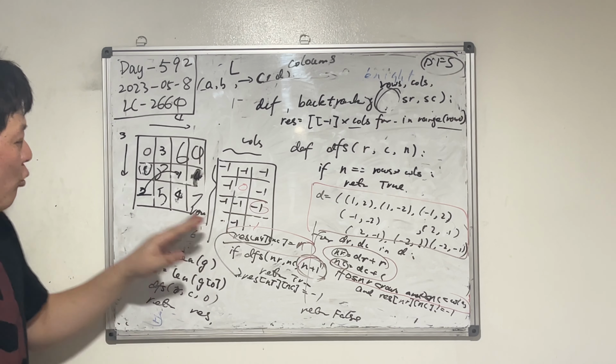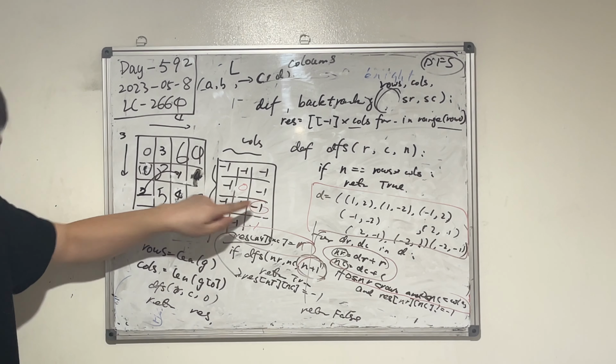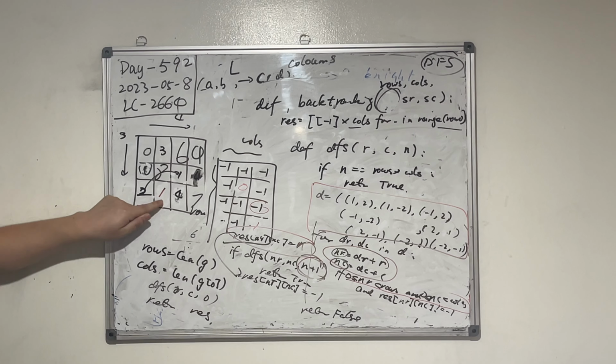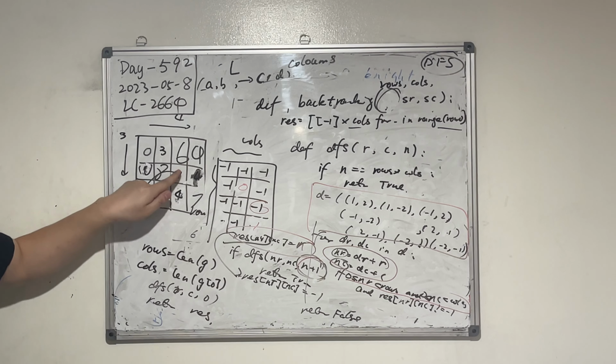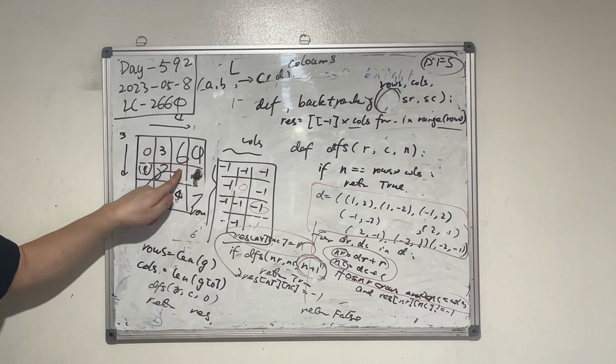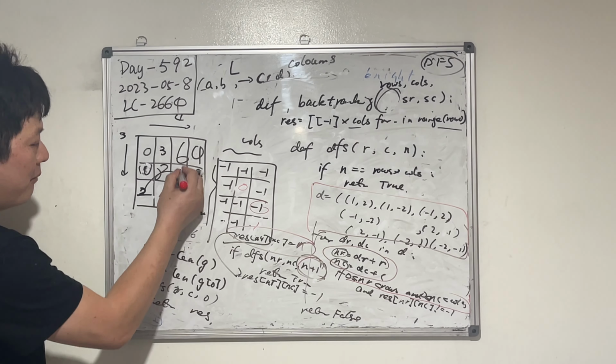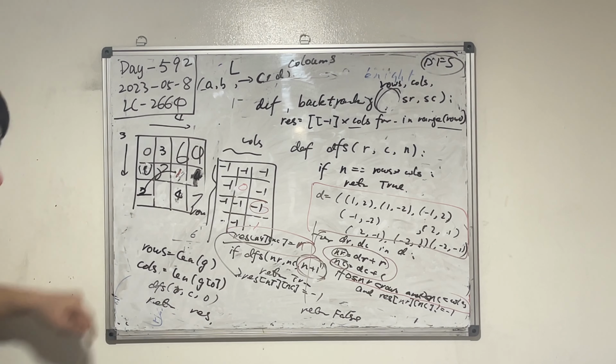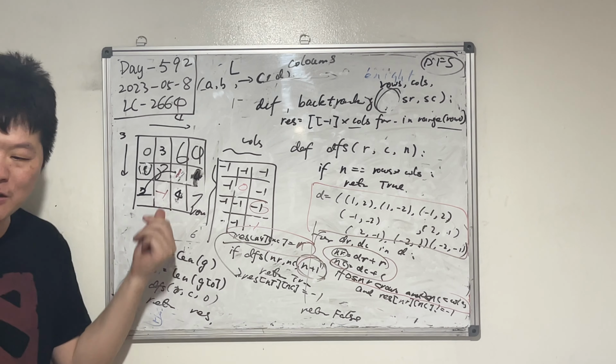So why do we need to set it to -1? Let's take this one. But it turns out that with this one, we can't find a solution. So there's another one that we can try here. We can put a 1 here. What happened to this one? We have to mark it to -1. Why? If we don't mark it to -1, what happened?